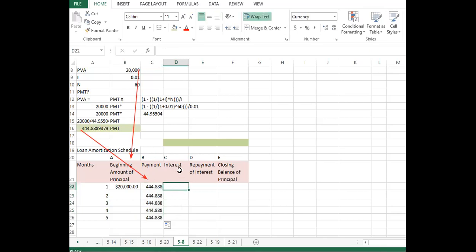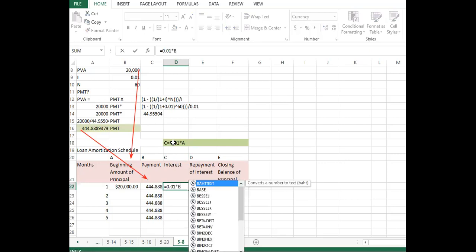Now, interest. That is column C. Interest rate is 0.01, and it should be applied on the beginning balance of principal each period. So multiply by column A. Here it is, 0.01 multiplied by 20,000.